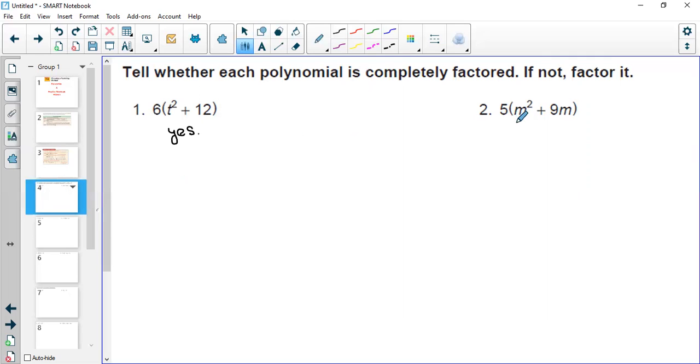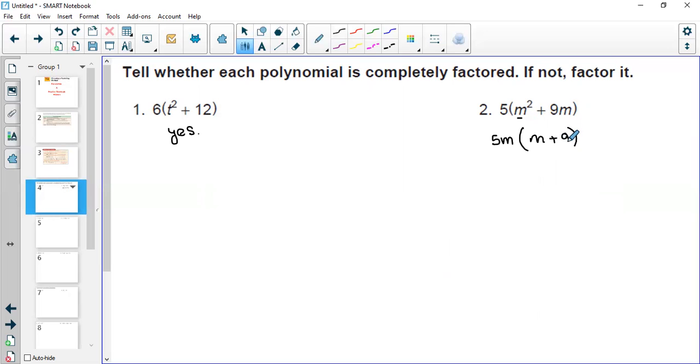So let's look at question number 5. Now first check for any common terms within the parentheses. Are there any other common terms which we could use for the factors inside the parentheses? Whether it's an m or anything else. Yes, there are m's. So I could rewrite this as 5m, and in parentheses goes m plus 9, right?